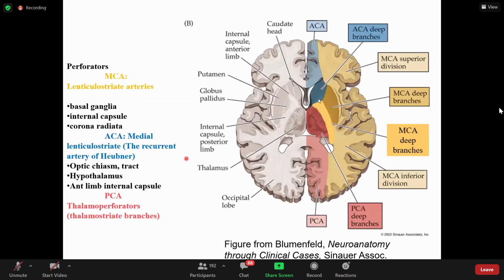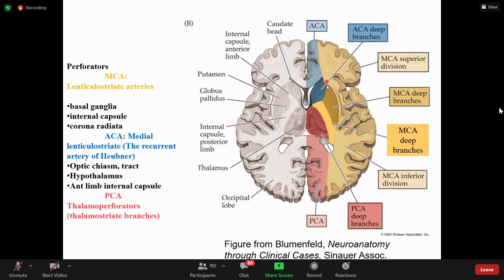I want to bring your attention to this figure, image again. In yellow, we have the area supplied by the middle cerebral artery. And I want you to remember that also the internal capsule, the posterior limb, and the genu and the basal ganglia are supplied by the lateral lenticulostriate arteries, right?